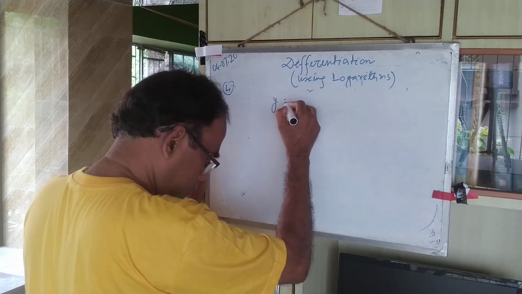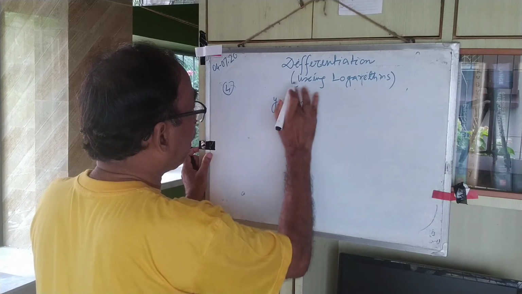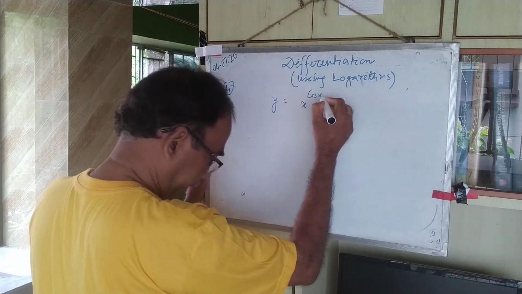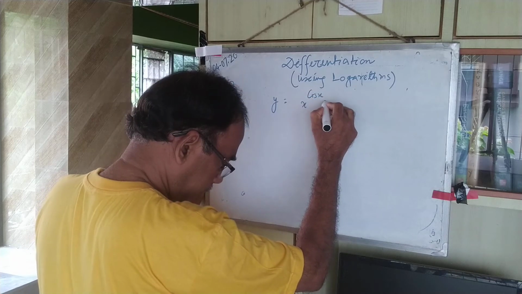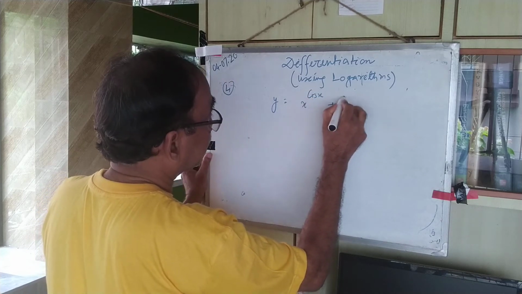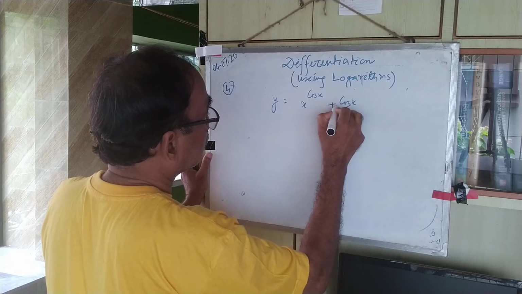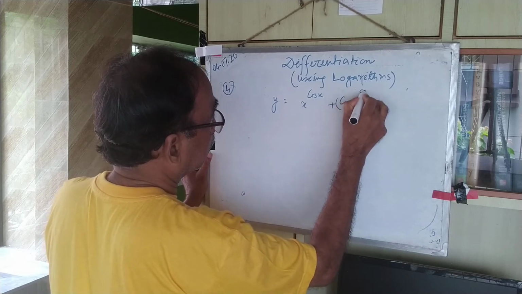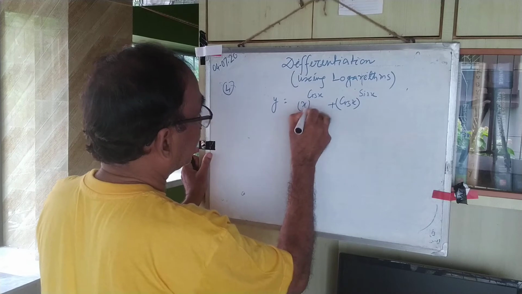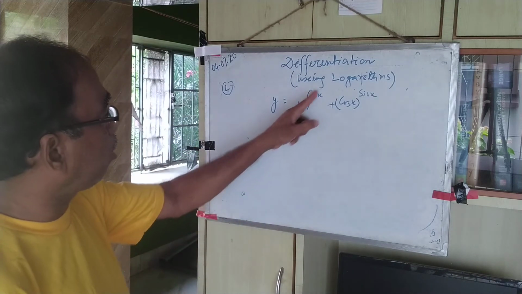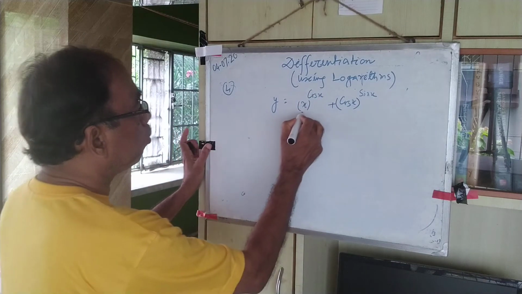y equals x to the power cos x plus cos x to the power sin x. In this term, this is power. We have to write that this is u.